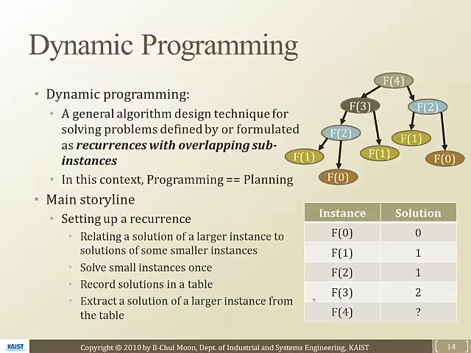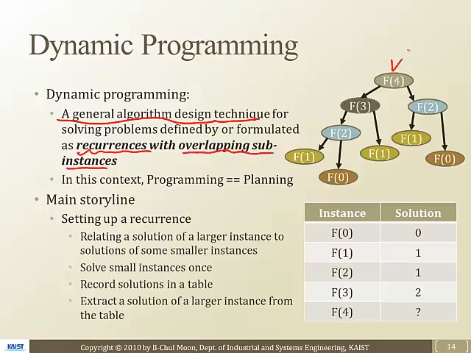In dynamic programming, first we have to define dynamic programming. Dynamic programming is a general algorithm design technique, which is the same thing as recursion, but in a different structure. So it is used to solve problems formulated as recurrences, which means that we are dealing with recursive problems with overlapping subinstances.